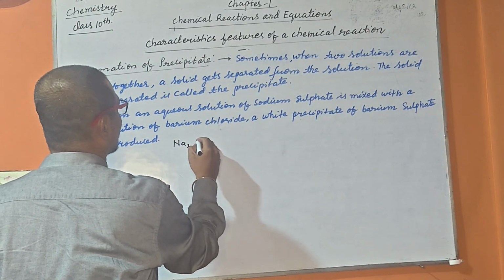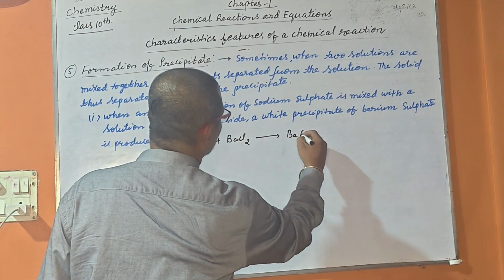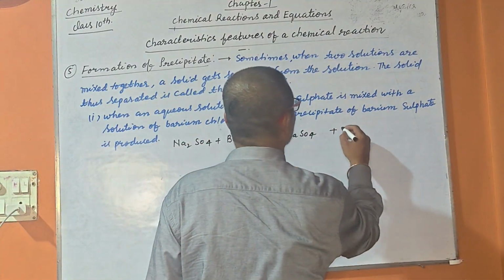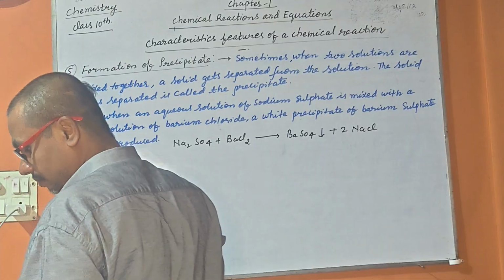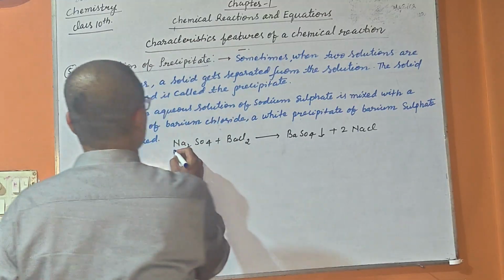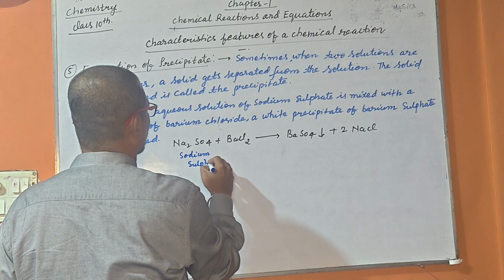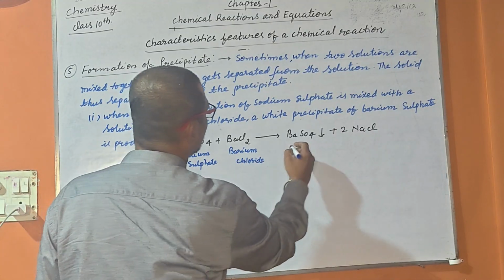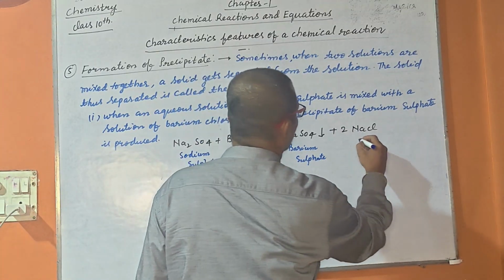Na2SO4, that is sodium sulfate, plus barium chloride BaCl2, gives you BaSO4, barium sulfate, that is the precipitate, plus 2 NaCl, sodium chloride.